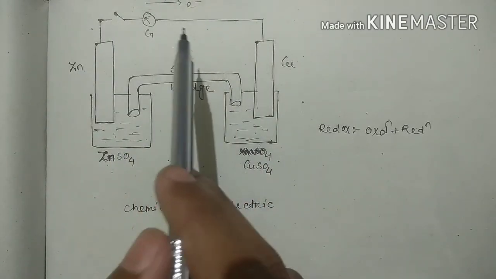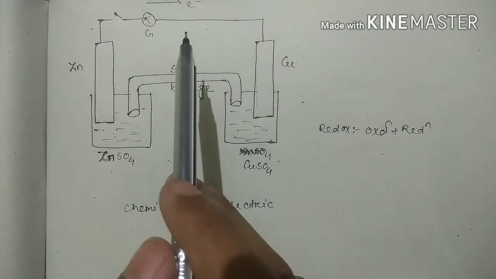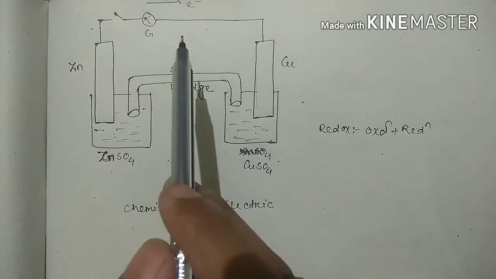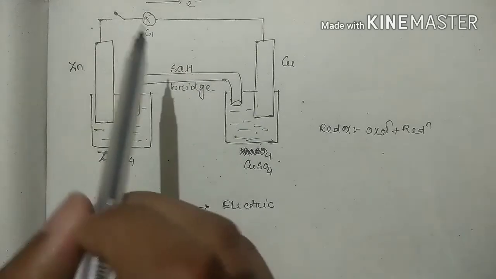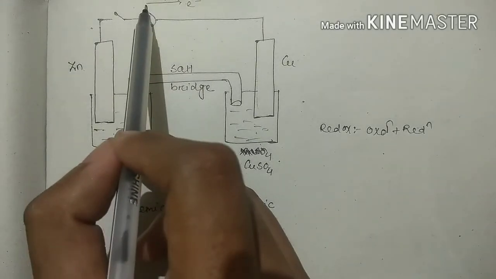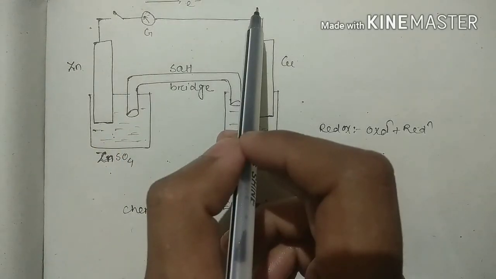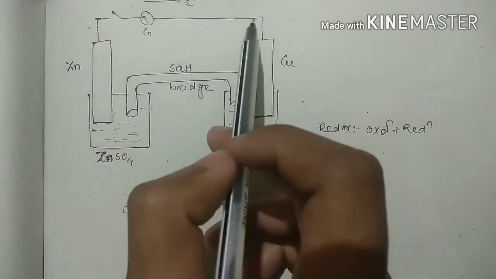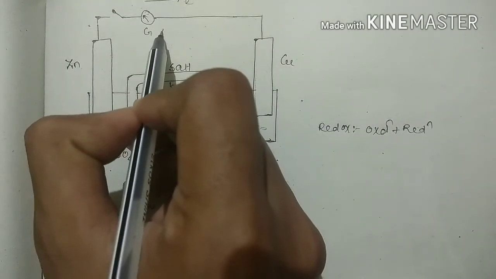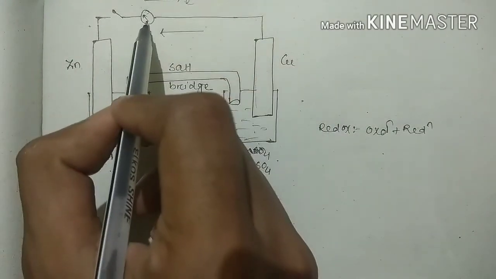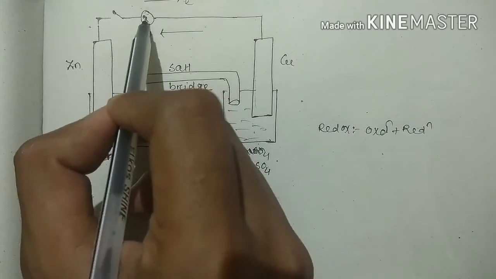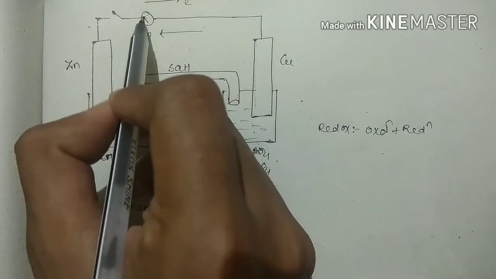We all know that the direction of electrons is opposite to the direction of current. So if the electrons move from this direction to this direction, then the current will flow in the wire in the opposite direction, and the galvanometer will deflect this way.